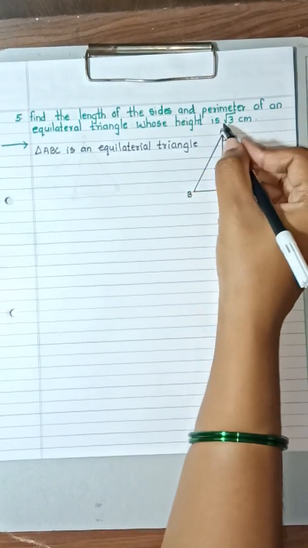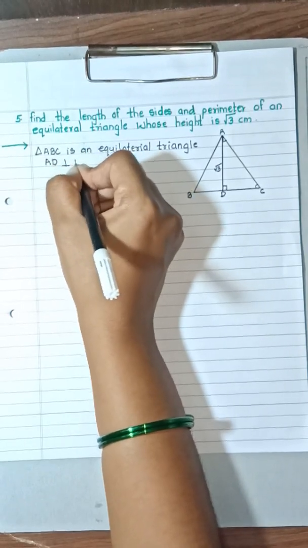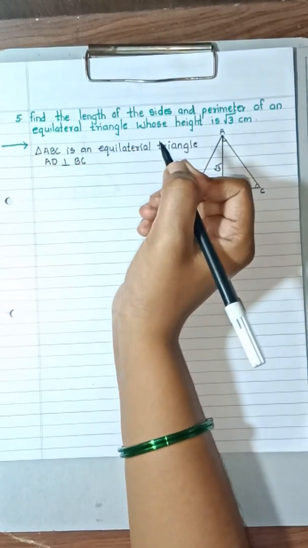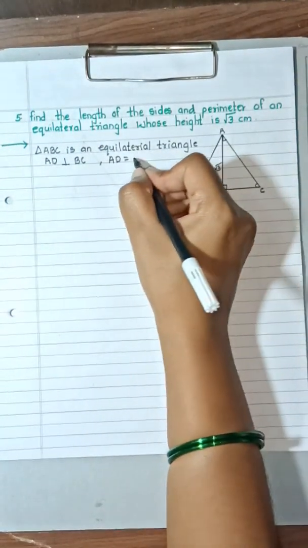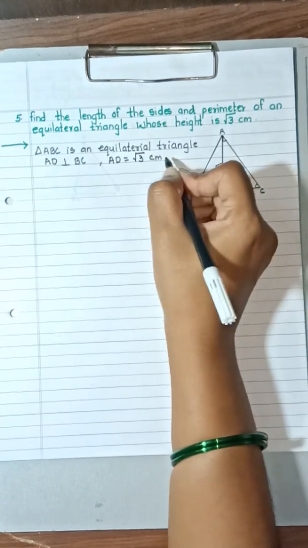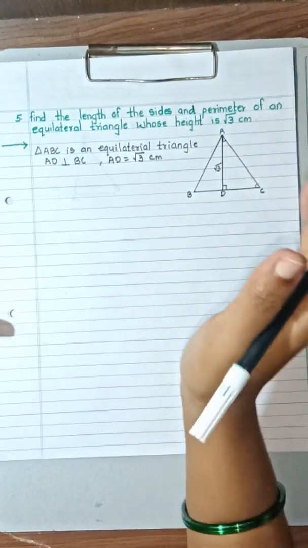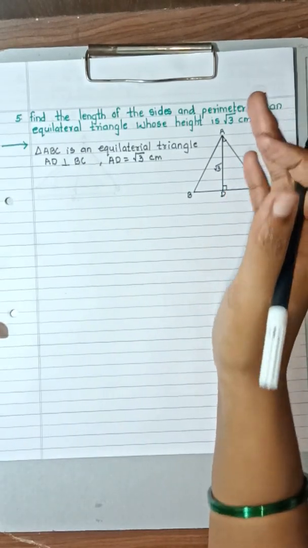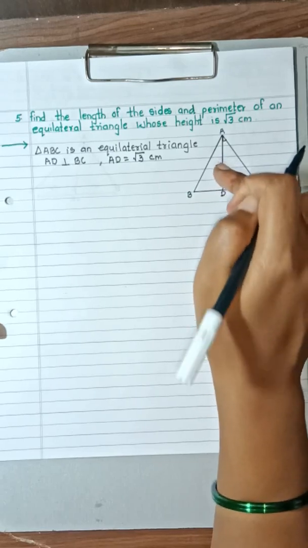Okay, and they have also given AD is perpendicular to BC, and AD is equal to √3 centimeter.